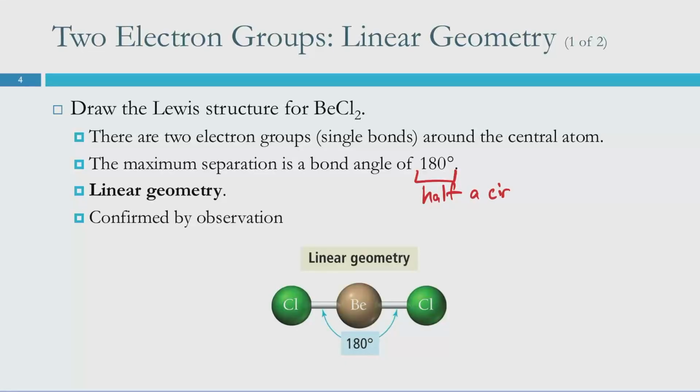A circle is 360 degrees, so 180 degrees. They're in a straight line, so it's 180 degrees between the two groups. And this is a linear geometry. I will also call, if we've just got two things bonded to each other, I would also call that linear.